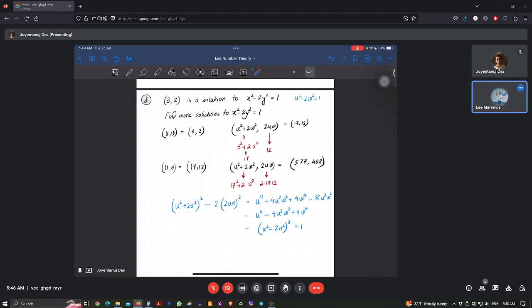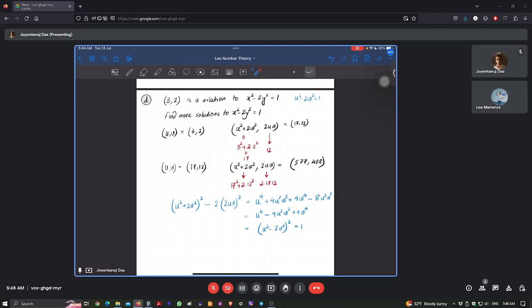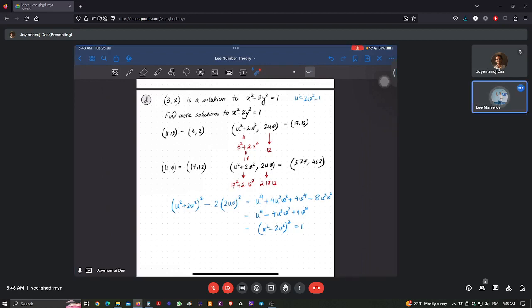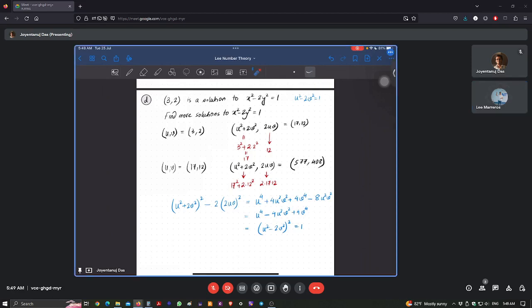We need to equate m squared equal to n into n plus 1 by 2. So if you remember, we want square triangular numbers, right?